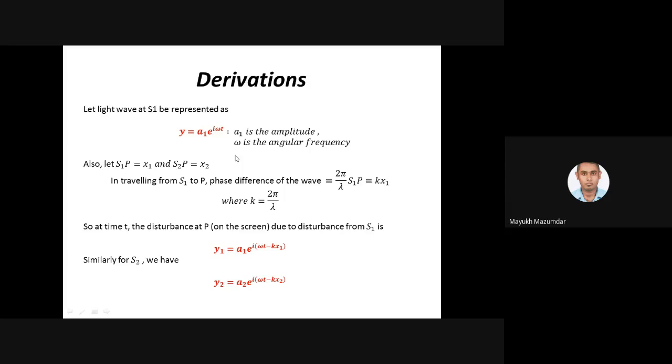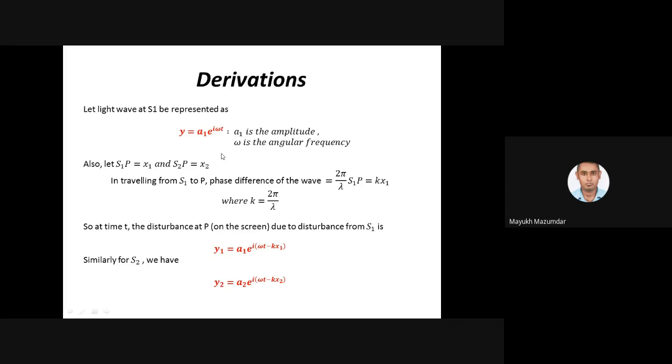In physics, as days will come, you will understand that this e to the power i omega t term is very useful to represent something which has an amplitude and a phase. I think you have done the complex number thing in CC1.